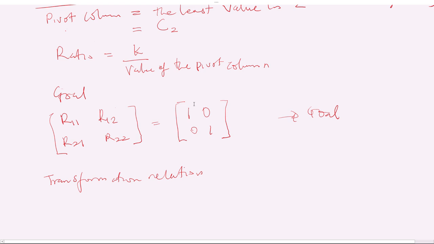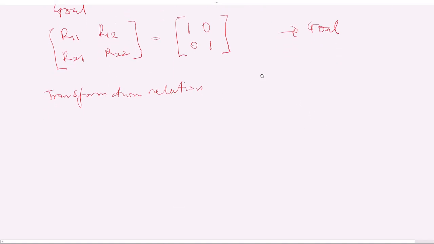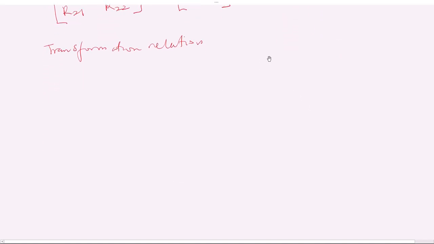For an intrinsic transformation, that has to do with the pivot row and the pivot column, so we can say R2 new equals R2 old plus x R2.